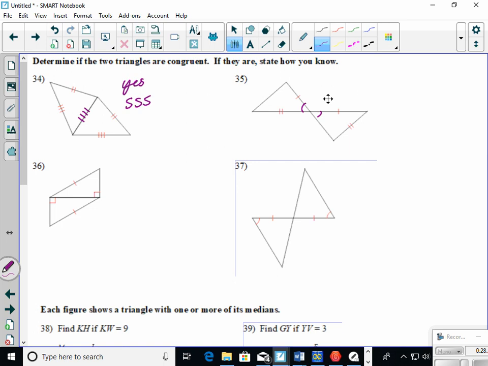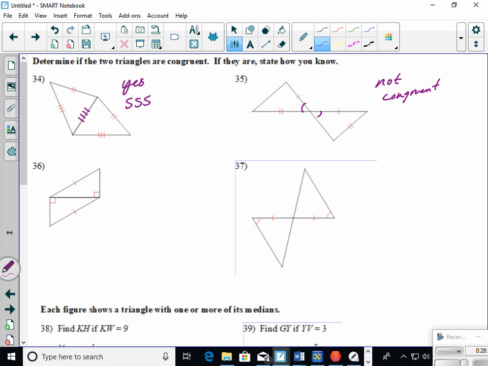Actually, if we look at this one, this is side angle side, this one is side side angle. This side and that side don't match up corresponding wise, so that automatically invalidates that one. So this one is not congruent, or we don't have enough information.